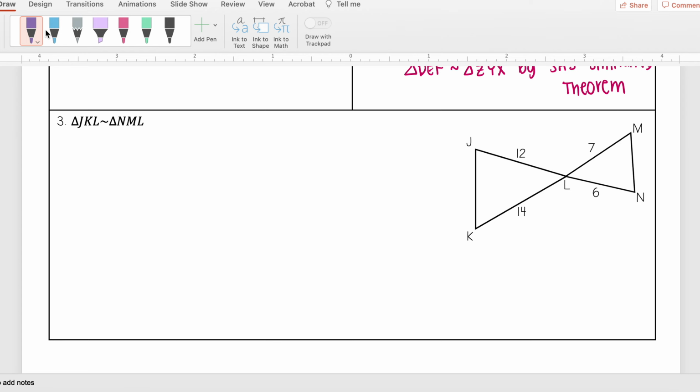And what we learned about vertical angles is that vertical angles are congruent. So I want to see that angle JLK is congruent to angle MLN by vertical angles theorem.